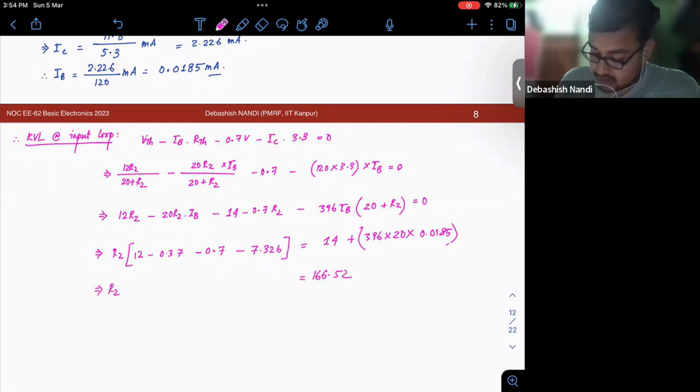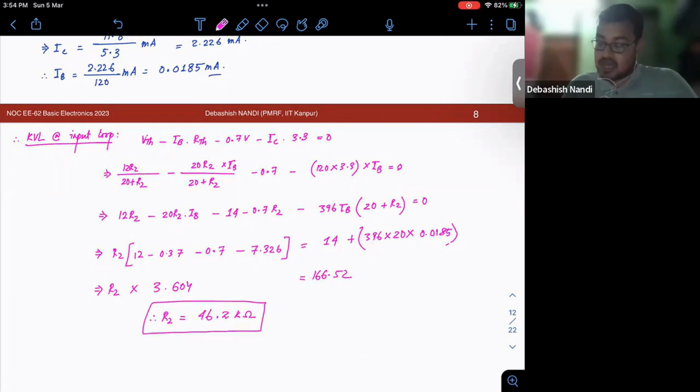And your R2 becomes 12 minus 0.37 minus 0.7 minus 7.326, which is 3.604. That means your R2 is coming out to be 166 divided by 3.604, which is 46.2 kilo ohm.